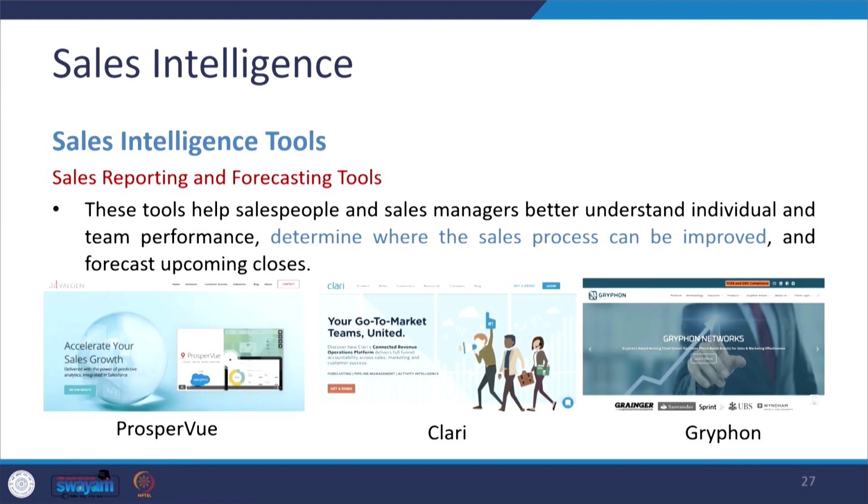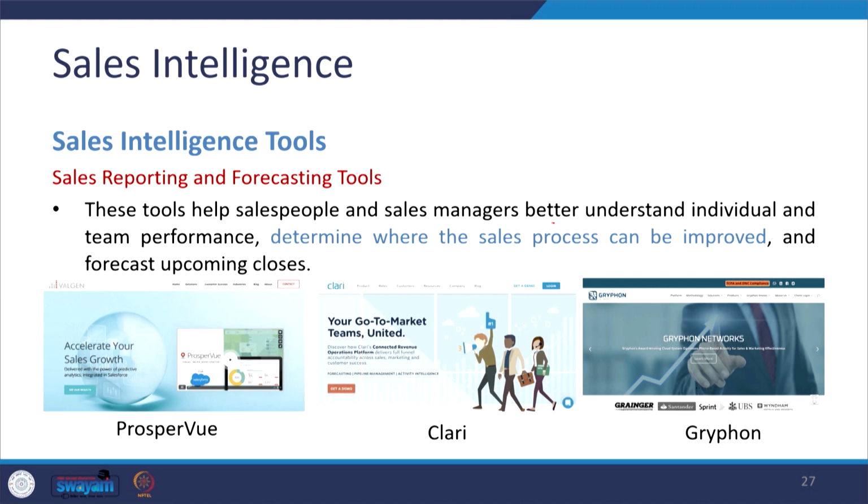Coming to the next set of softwares, we have sales reporting and forecasting tools. These sales intelligence tools are mainly focused on providing you information which you can use for reporting across the sales team and to forecast sales targets for your sales team. These tools help salespeople and sales managers better understand individual and team performance and then determine where the sales process can be improved.